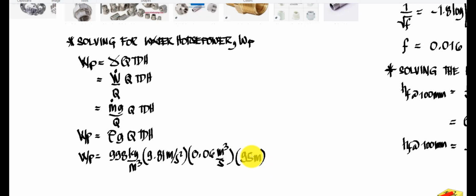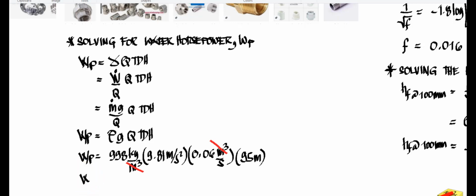Now checking the units here, the cubic meter cancels out. So we have kilogram meter per second squared, which is Newton. Then we multiply by meters, so that will be joules, Newton meter, divided by second, so it will be in terms of watts.